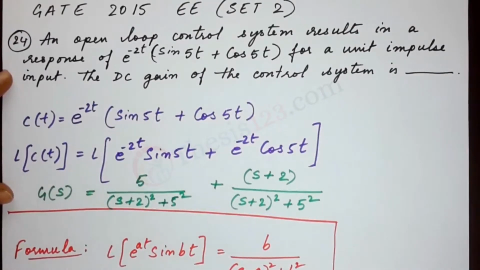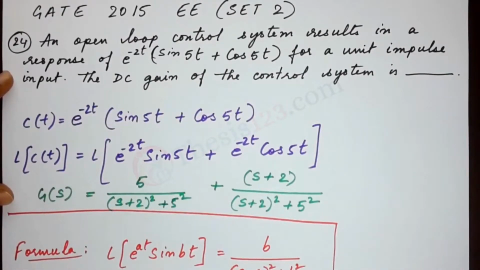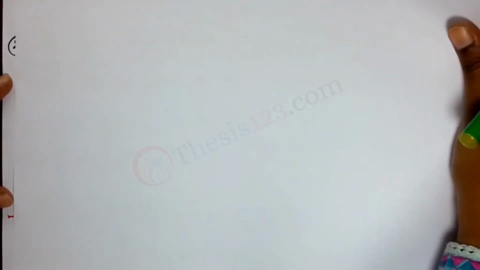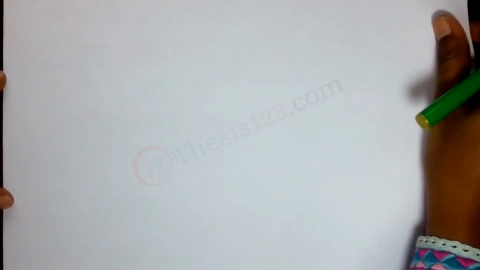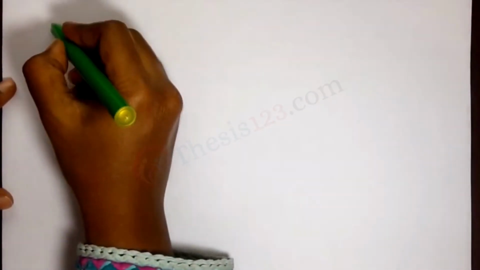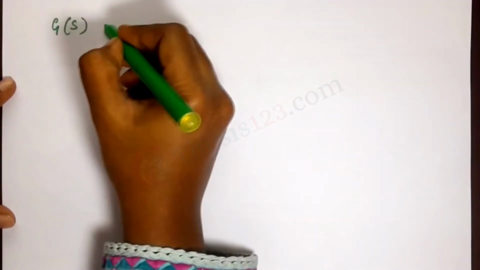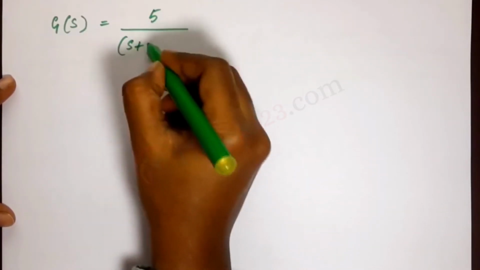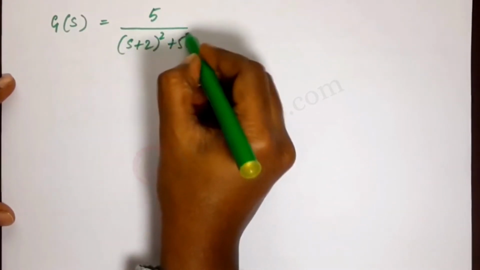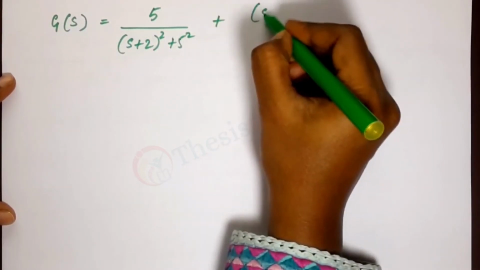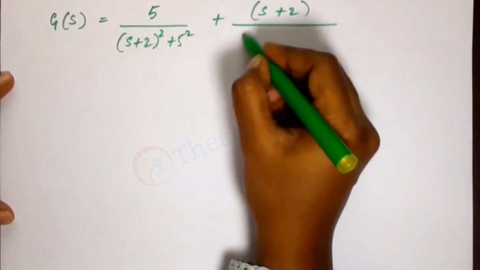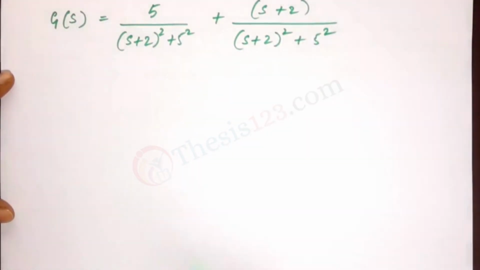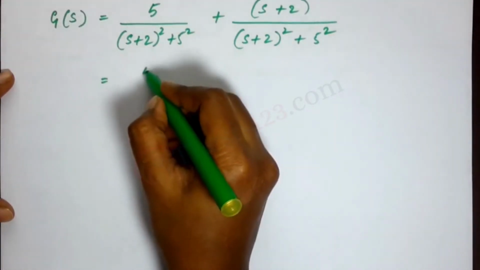Now here is our function. Let's solve this further. I'll write down the expression again. G of s is 5 divided by (s plus 2) square plus 5 square plus (s plus 2) divided by (s plus 2) square plus 5 square. Now let's solve.